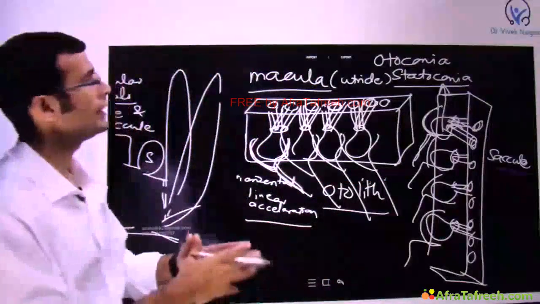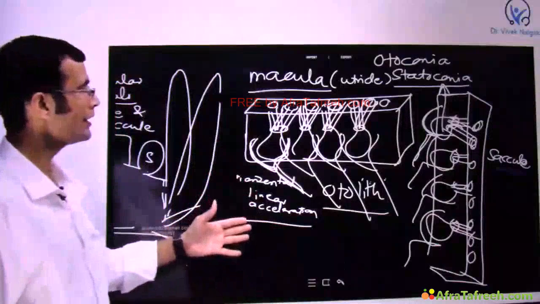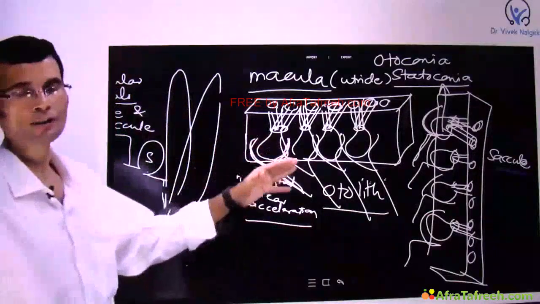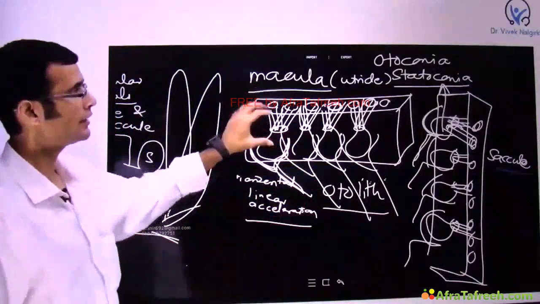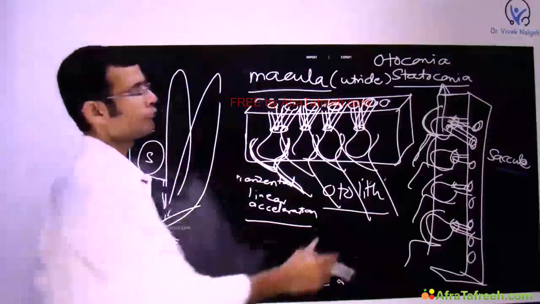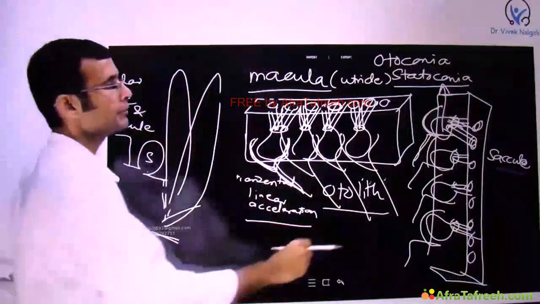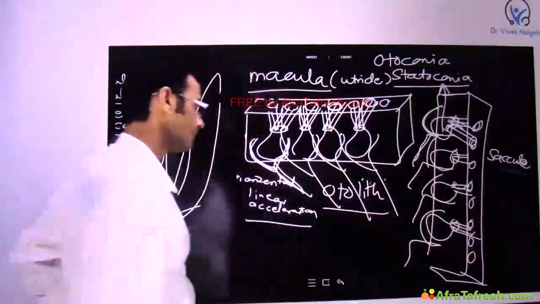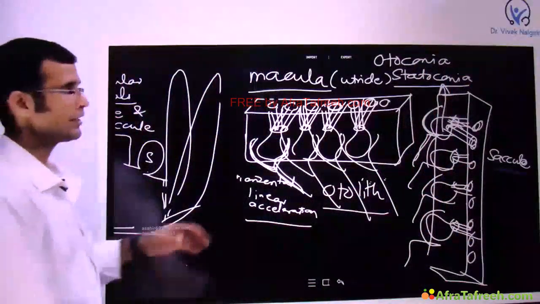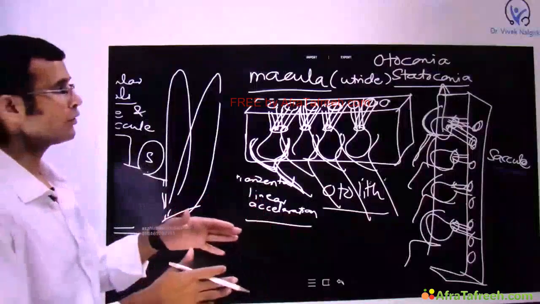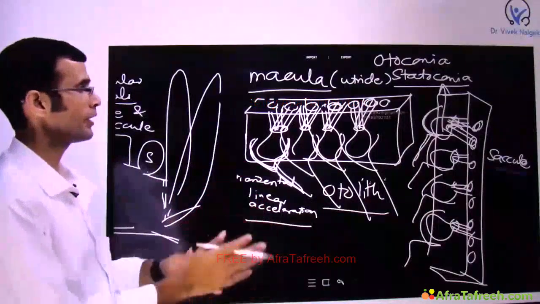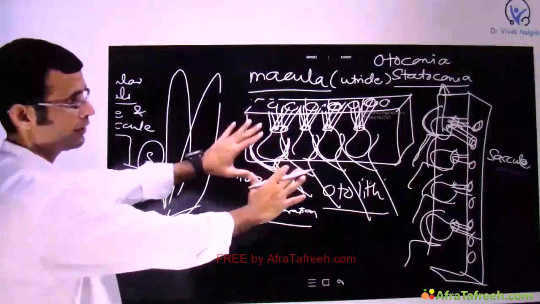So in summary, for horizontal linear acceleration, the organ for equilibrium is macula inside the utricle. For vertical linear acceleration, the organ for equilibrium is macula inside the saccule. Now imagine that the patient was on a stretcher. This is a man who is vertical.